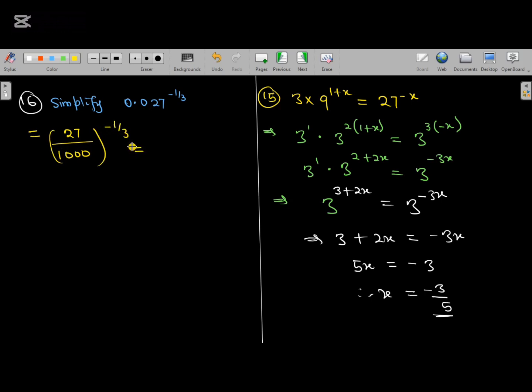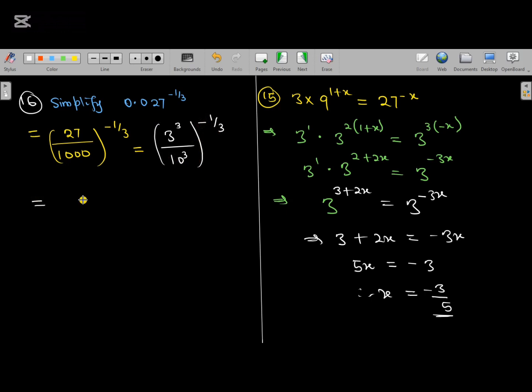And what can we do with that? So we'll just try to see, can we put these numbers in index form? Yes, we can write 27 as 3 to the power of 3 all over 10. Amazingly, 1000 is also 10 to the power of 3. So everything is raised to the negative power of 1 over 3.